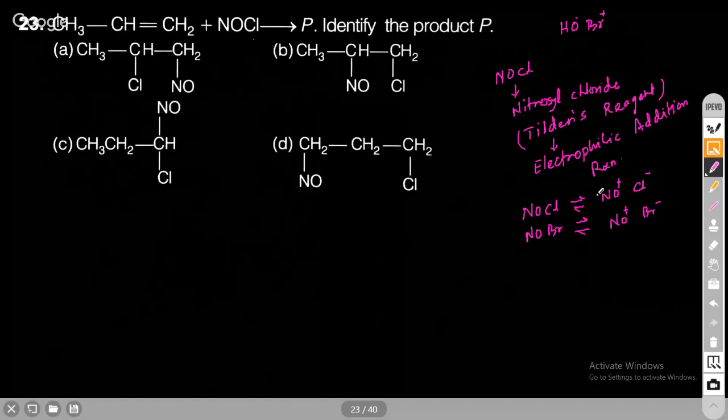Now in this, the double bond will shift over here. We'll get a positive charge over here. Cl minus will attach here and NO will attach here. We'll get option A as the answer here.